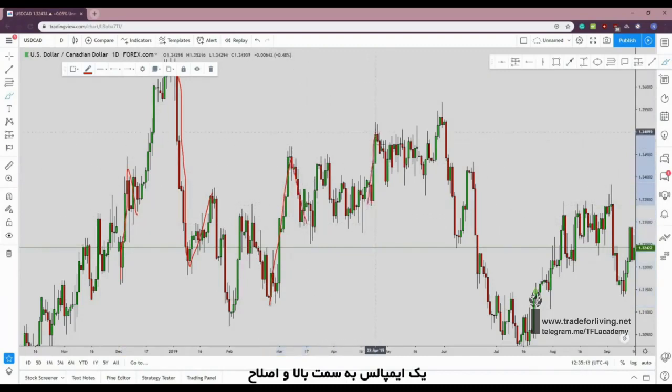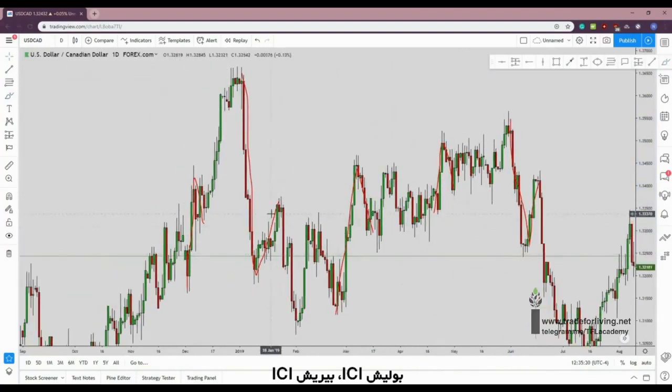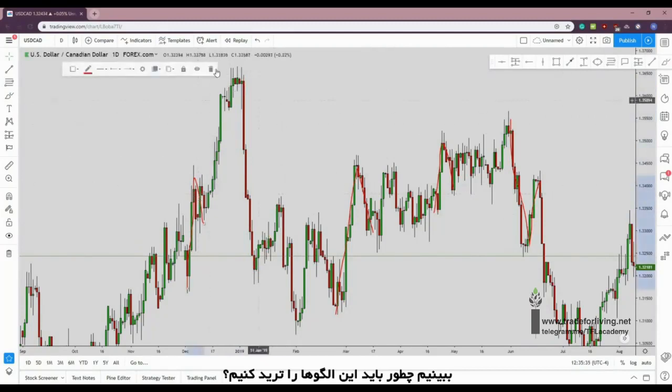You have it here, nice impulse to the upside, retracement. And you have it here, nice impulse to the downside, retracement. A bullish ICI strategy, bearish ICI, bullish ICI, bullish ICI, bearish ICI. Let's see how you were supposed to trade these particular patterns.